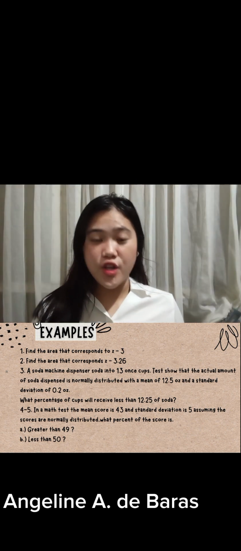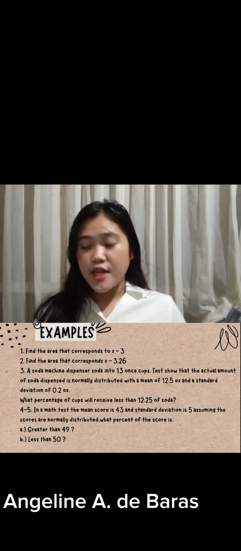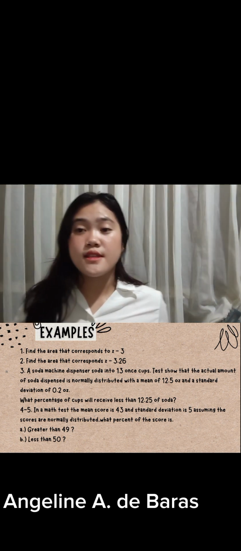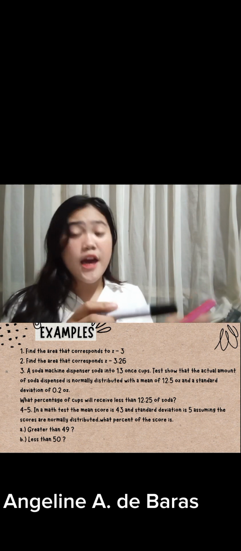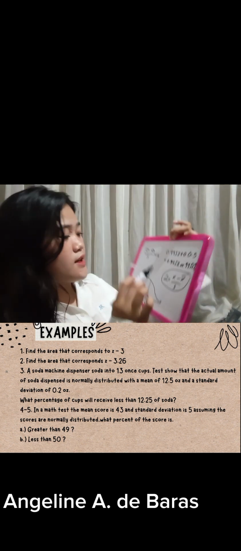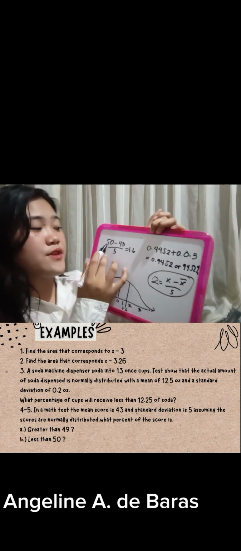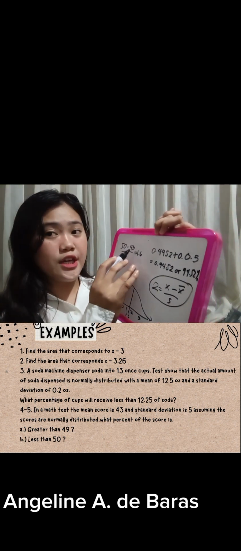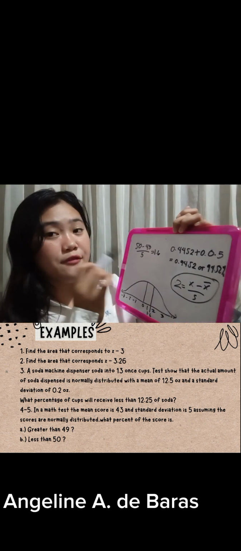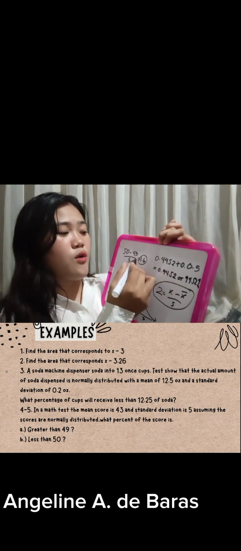And for our last question, letter B, less than 50. So again, let's use our formula of the z-score. z is equal to x less mean over standard deviation. So 50 less 43, our mean, divided by 5, our standard deviation, and we get 1.6.